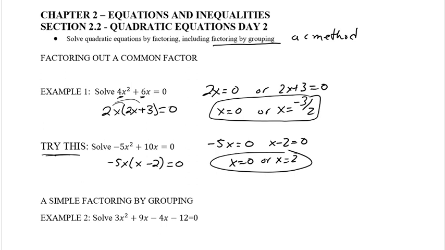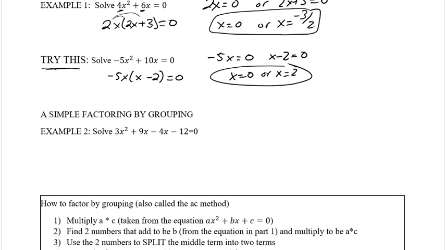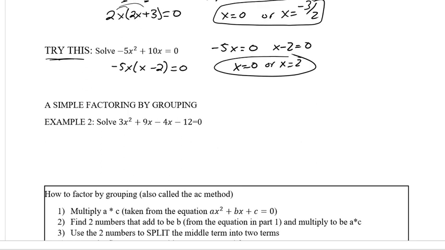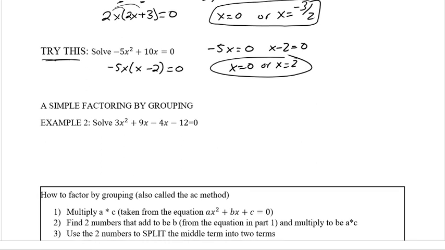Okay, before we get to the meat and bones of factoring by grouping, we're going to do a simple one. And here's a way we can factor by grouping, and we're going to solve at the same time. Factoring is just part of our solution process. We could factor just to factor, but in this case we use it for solving. So I look at this equation, solve 3x squared plus 9x minus 4x minus 12 equals 0.